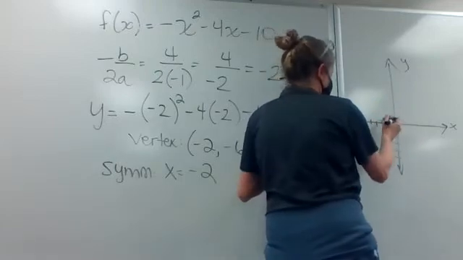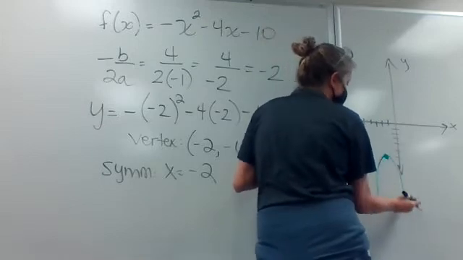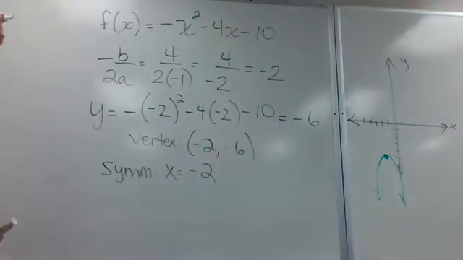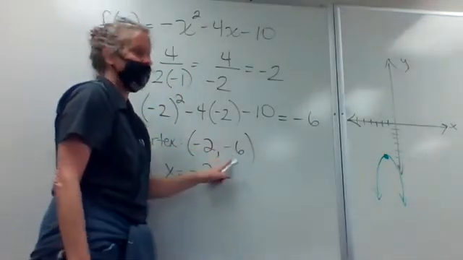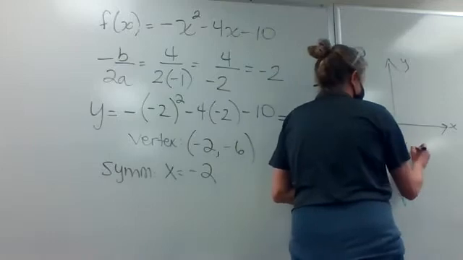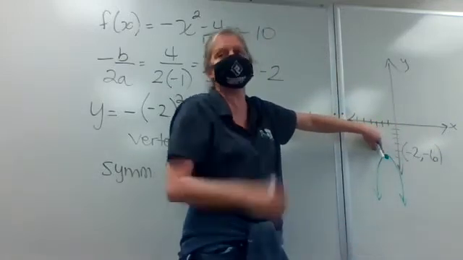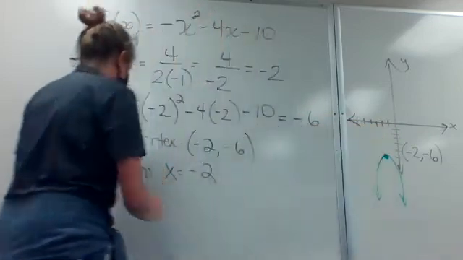So left 2, down 6 is the vertex. Since x squared is negative, it is going to open downward like this, which means this one's value is a maximum, right? If this is the vertex at -2, -6, -6 is the maximum value of that parabola.